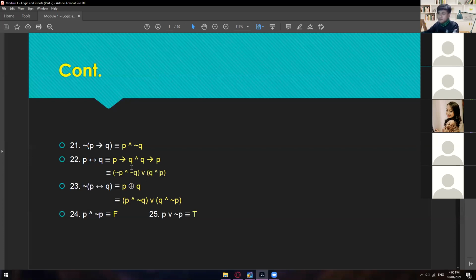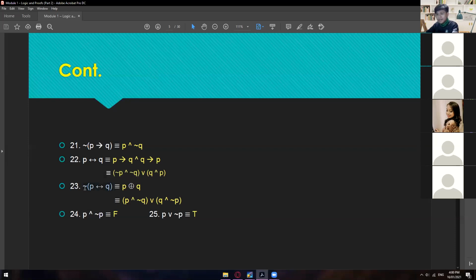Okay, so as you can see, this P conditional Q became negated, and then this conditional became and, and then this and became or, and then conditional became and, and then their values stay the same, right? And then for number 23, as you can see, this one is similar with number 22, but it's just that the entire statement is being negated.